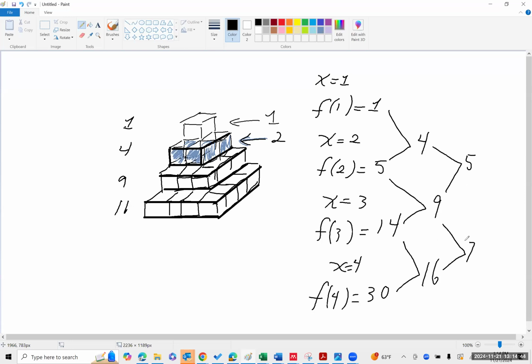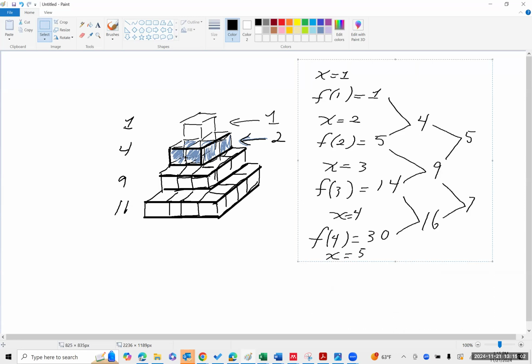I think we may need to go one more just to complete the illustration. So x equals 5. Now I'm gonna make this a little smaller so we can fit in at least one more example here. When you plug in a 5, I'm not going to draw it, but the next picture is going to be 25. So I'm going to add 25 to the previous 30.